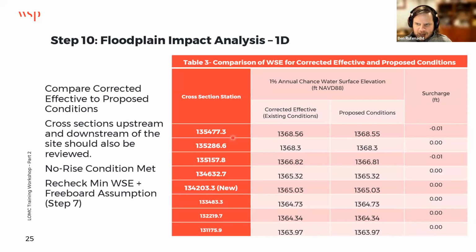We have a table here, and you can see that we have to make sure that the surcharge, because this is a no rise, because we are in a floodway, all of these numbers have to be 0.00 or below. So if this were a positive 0.01, I would have to go and make more changes, potentially add more floodplain cut to account for the lost storage, or something along those lines to account for those changes.